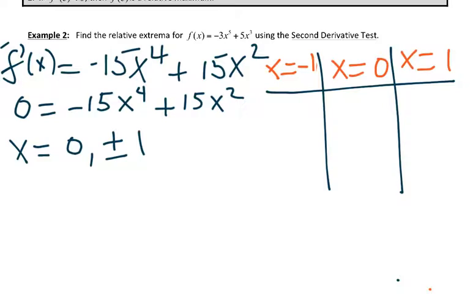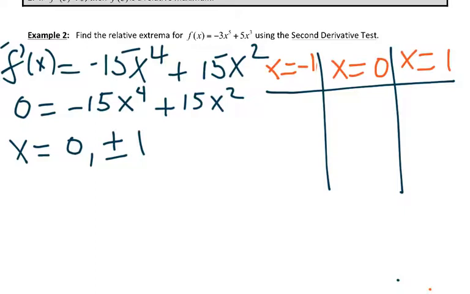Remember, when we use the first derivative test, we set up intervals, determine if each interval is increasing or decreasing, and then determine whether each critical point is a relative max or relative min. The same thing with the second derivative: we set up the interval, then determine if it is concave up or concave down.